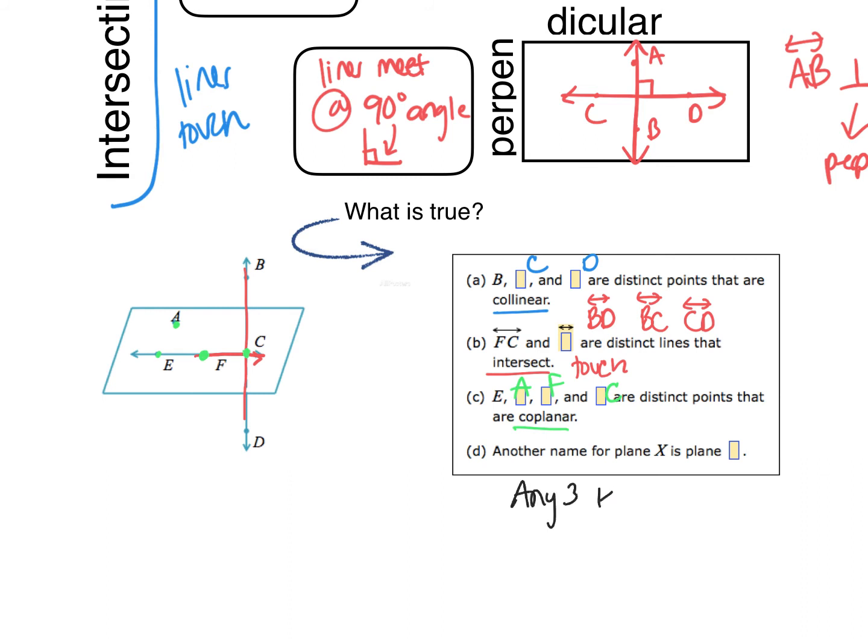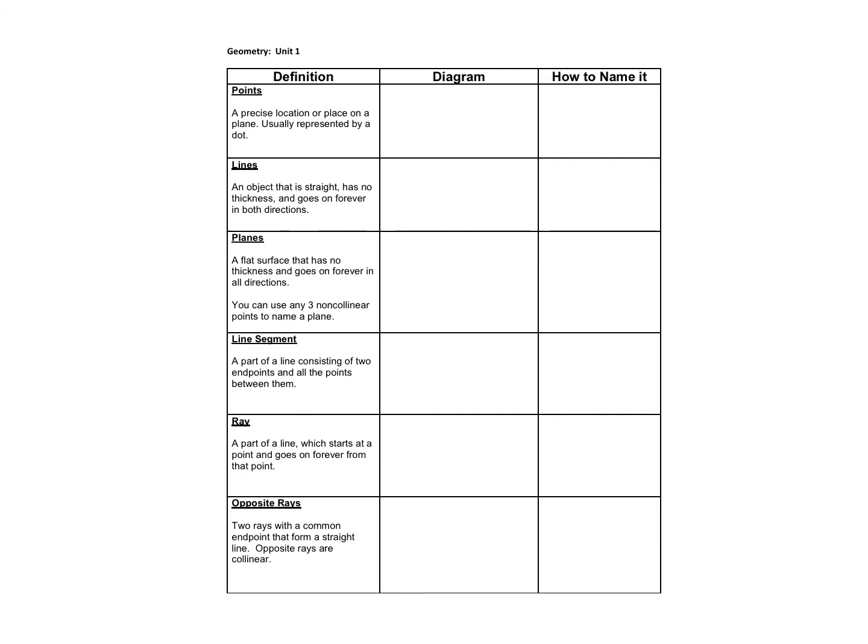So if you look at your picture of your plane, we could use the 3 letters A, E, F to fill in here, or we could use the letters C, F, E. We could use A, C, E. It doesn't matter as long as you use 3 letters to name that plane. And that's what it's going to be asking you to do in ALEKS, is fill in the facts based on the picture. Okay? In geometry, remember.